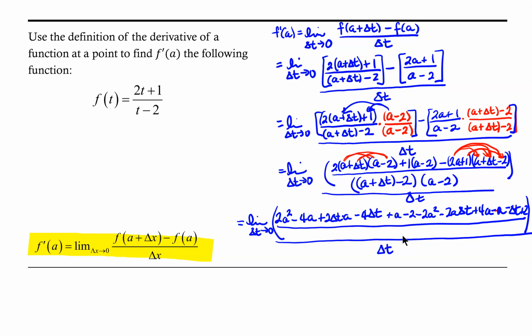And our denominator for our numerator is a plus delta t minus 2. Notice that I'm dropping these parentheses around the a plus delta t. They're not necessary. And then times a minus 2.